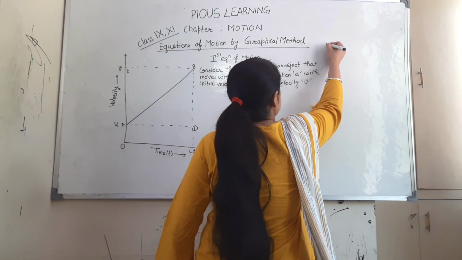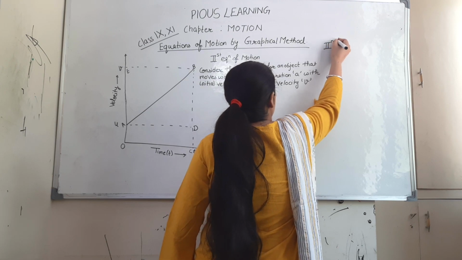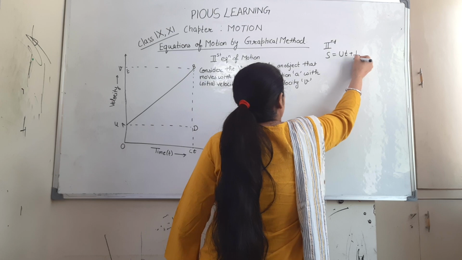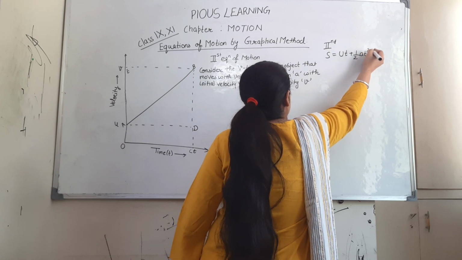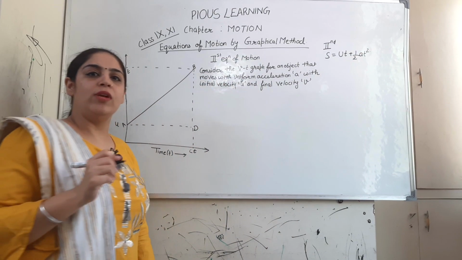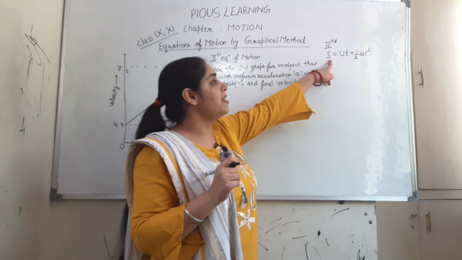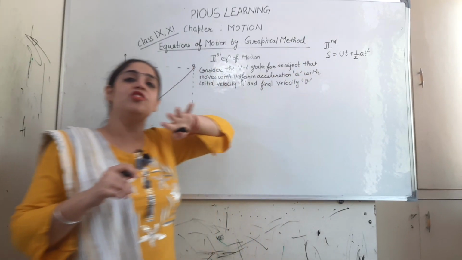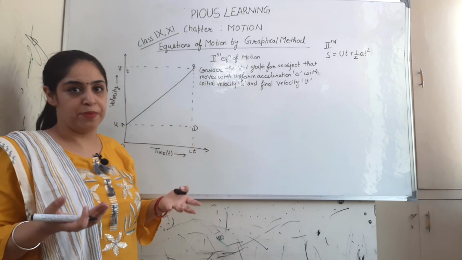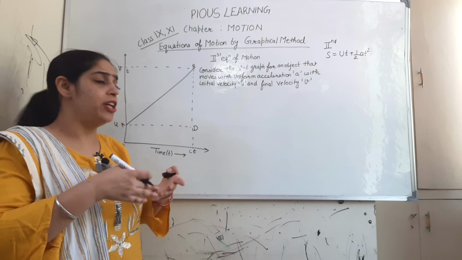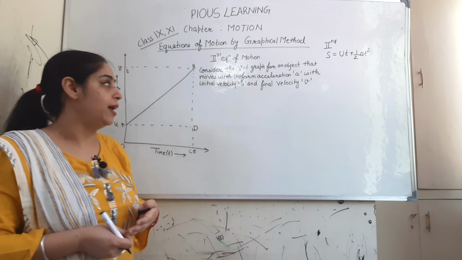I am writing the second equation over here, which is S is equal to UT plus half AT square, where S represents the distance traveled or displacement. U, A, T you already know.